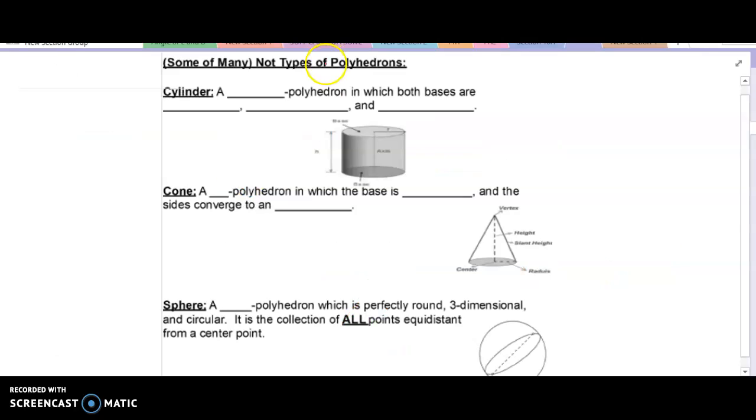All right, so non-polyhedrons, guys. The first non-polyhedron is a cylinder. In a cylinder, the bases are circles that are congruent and parallel. Now a cone is also a non-polyhedron.